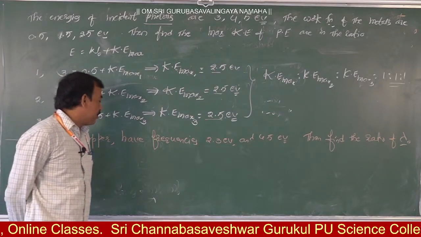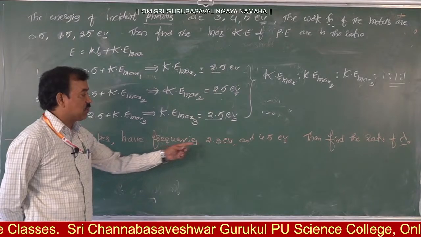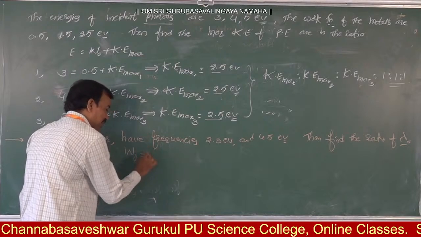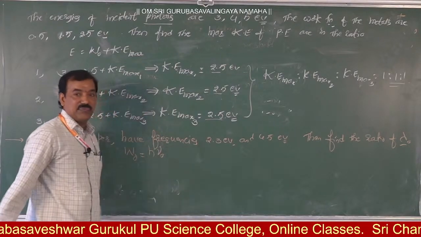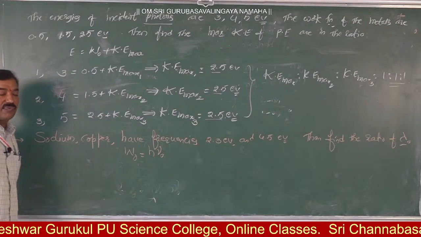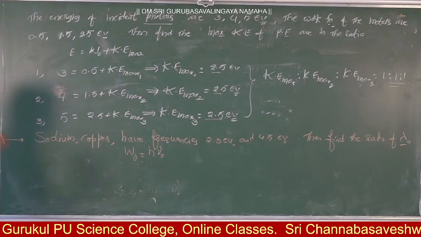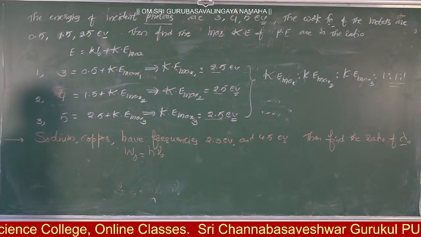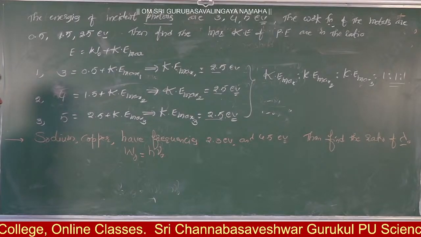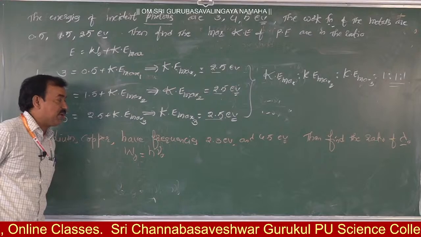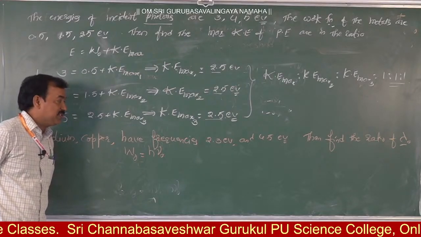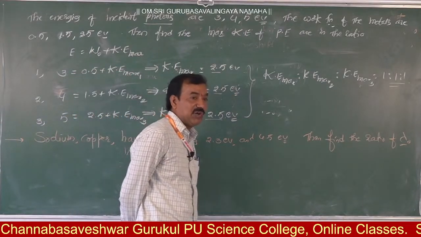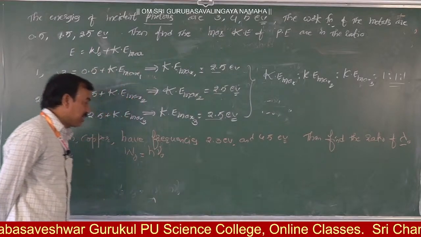What is the equation here? Our work function equation is W naught equal to h nu naught. Shall we do this one here? Sodium and copper have the values 2.3 electron volt and 4.5 electron volt. Then find the ratio of the threshold wavelength, nearly.